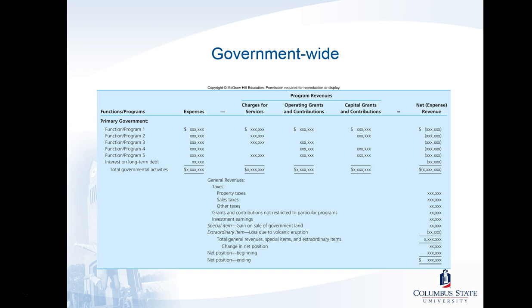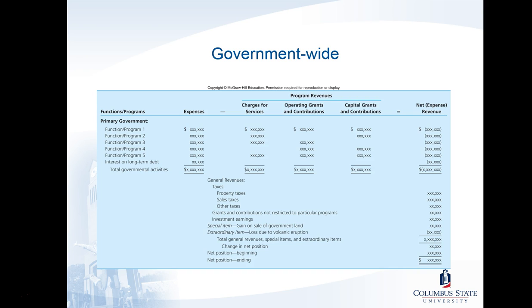SPLOST in Georgia is an example, a special purpose kind of sales tax add-on. So maybe the sales tax rate is 6%, and the local government puts out a referendum to add a penny to the sales tax within their jurisdiction so that they can go ahead and collect that money. It gets divided between the county and the cities, and they use it for some special purposes.